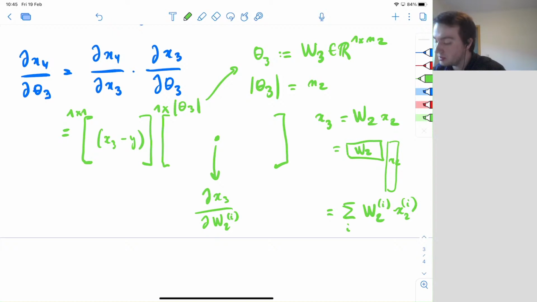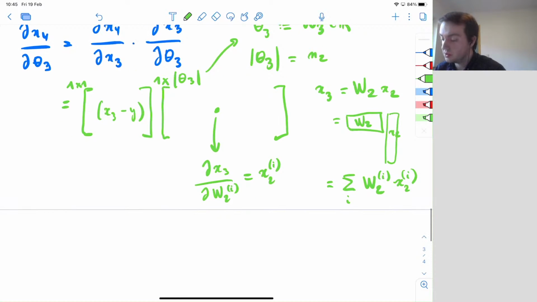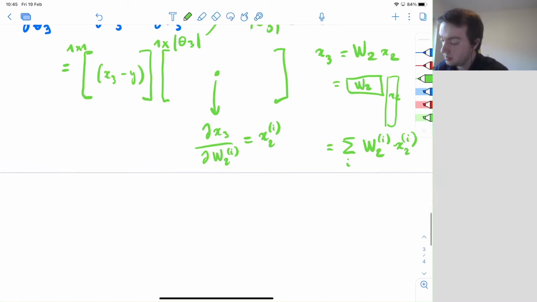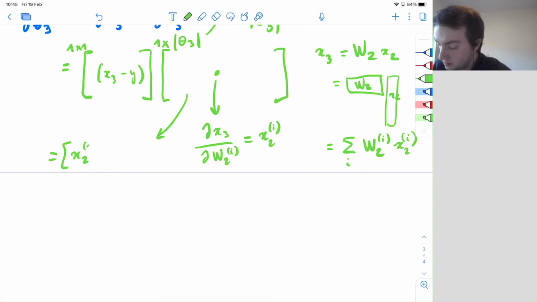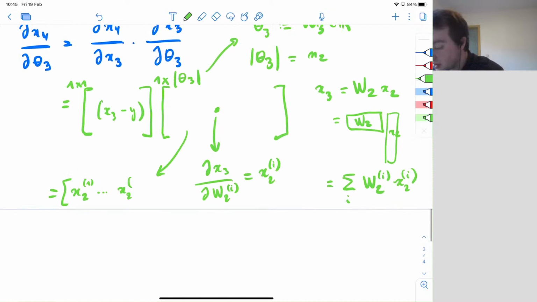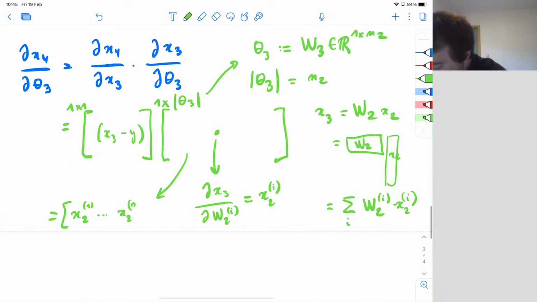And this is nothing else than x2i. And so here what we would have is that this vector is just equal to x2_1 up to x2_n2. How many elements do we have? We have n2 of them. Okay.